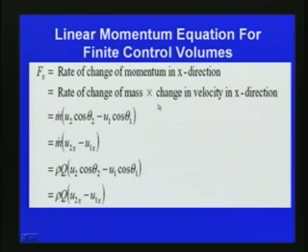For a two dimensional system, the force Fx in the x direction is equal to the rate of change of momentum in the x direction. That is equal to the rate of change of mass into the change in velocity in the x direction.